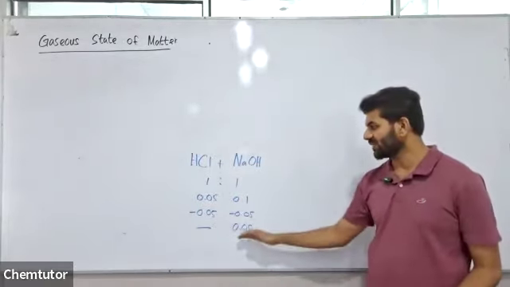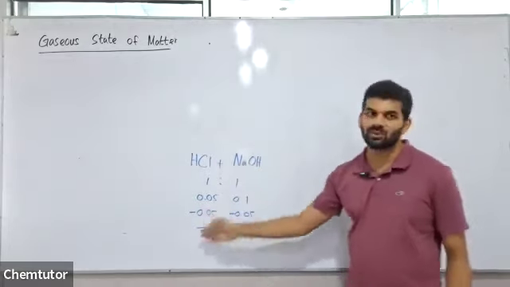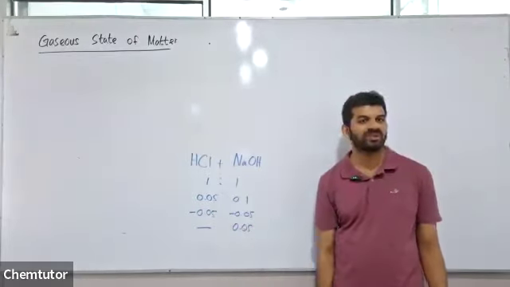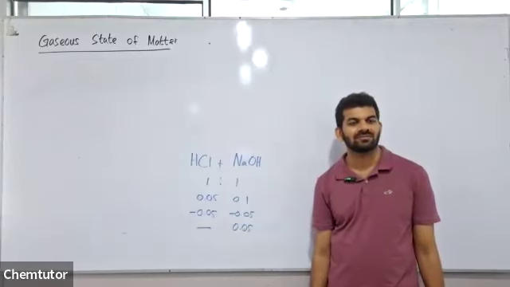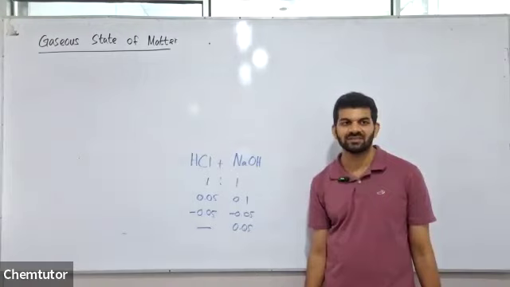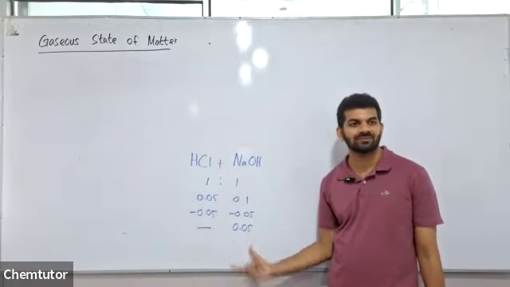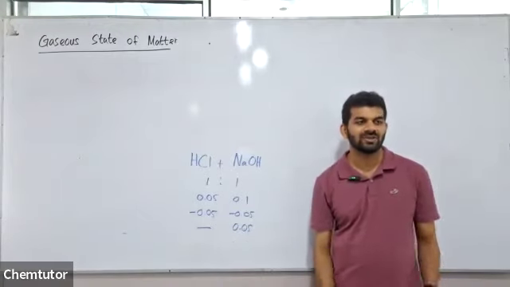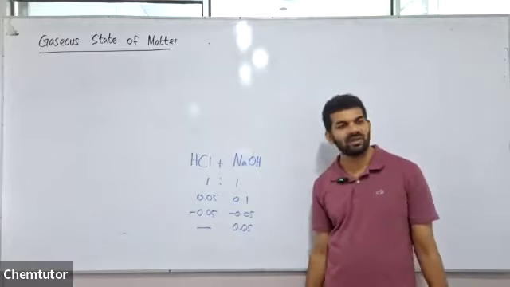Though we have excess sodium hydroxide, since HCl is over, the reaction will stop. So in the resultant solution, we will have water, NaCl and NaOH. Yes, there will be excess NaOH. Usually, we discuss this in unit 12.